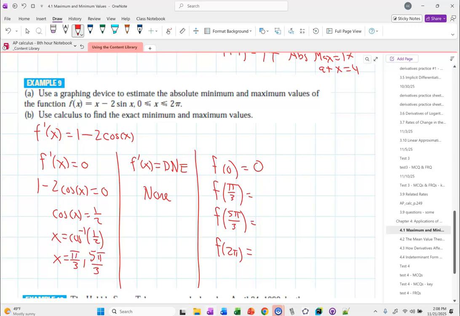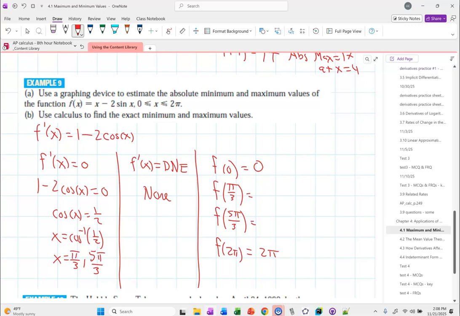You're doing so good. Don't get frustrated. All right, let's go to 2 pi, because that's the other easy one. What's f of 2 pi? 2 pi minus 2 sine 2 pi. Just 2 pi, because sine of 2 pi is also 0. Should we be able to do that in our head?